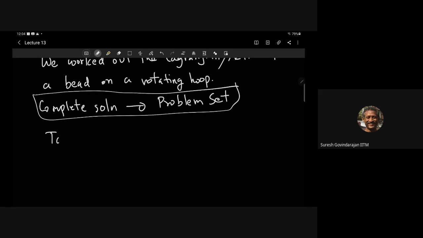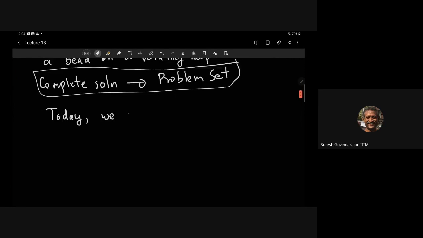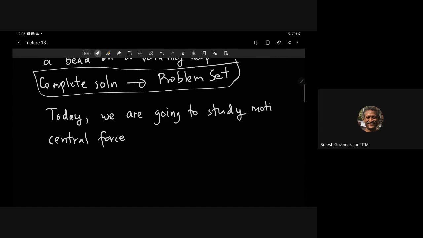Today, what we're going to do is study central force motion, or rather motion under the action of a central force. This is what we want to do today.